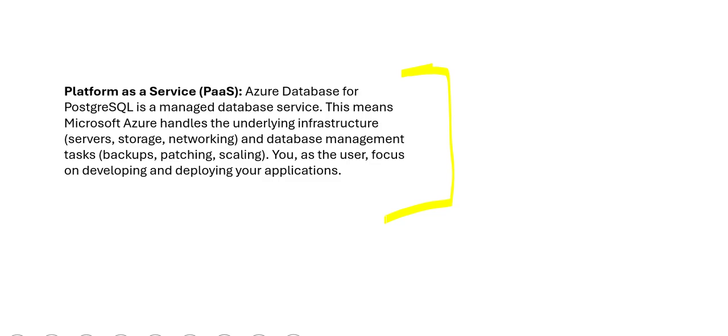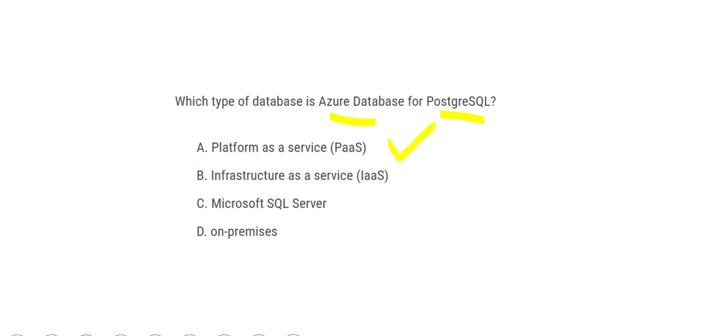You don't have to put an Azure admin as a role, so that saves your cost. So this is a managed service. Azure will take care of that, so you only focus on your development piece and deploying the application. So our answer in this case is PaaS, but let us look at other options.